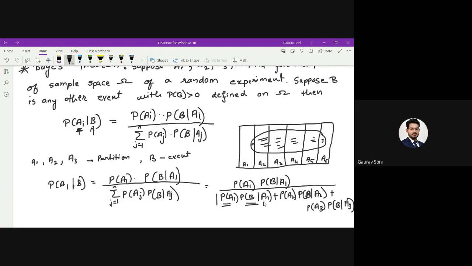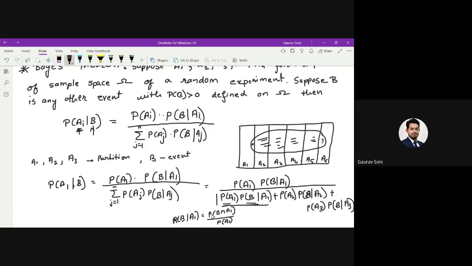What is this going to be? By the multiplication theorem, can you tell me what is probability of B when A1 has occurred? It is equal to probability of B intersection A1 upon probability of A1.